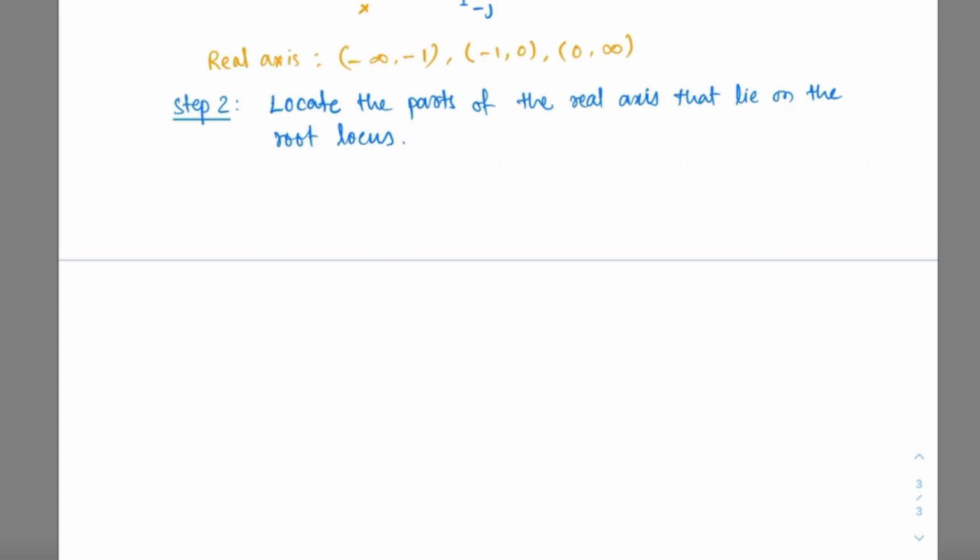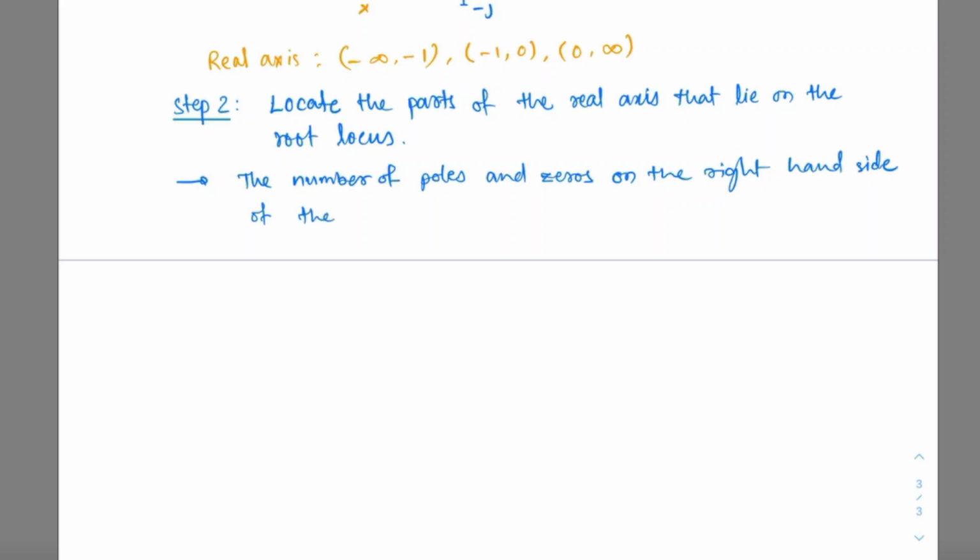So which are these parts? These are the parts where the number of poles and zeros on the right hand side of the test point are odd.